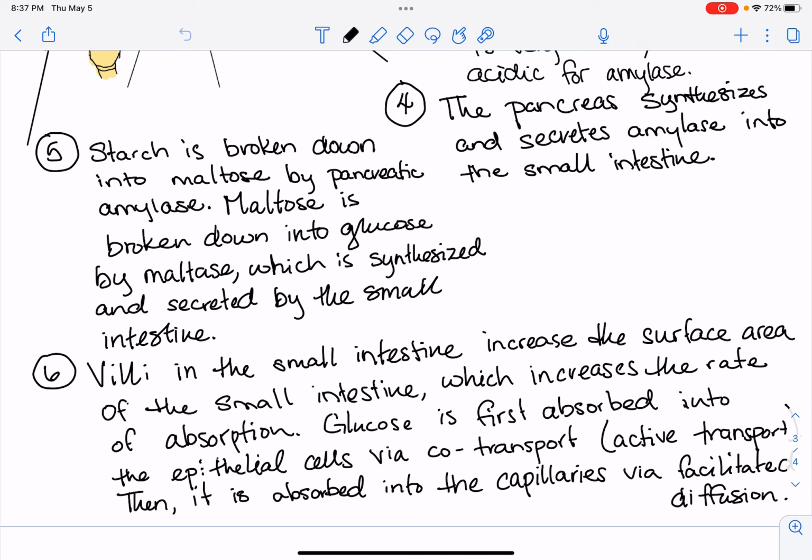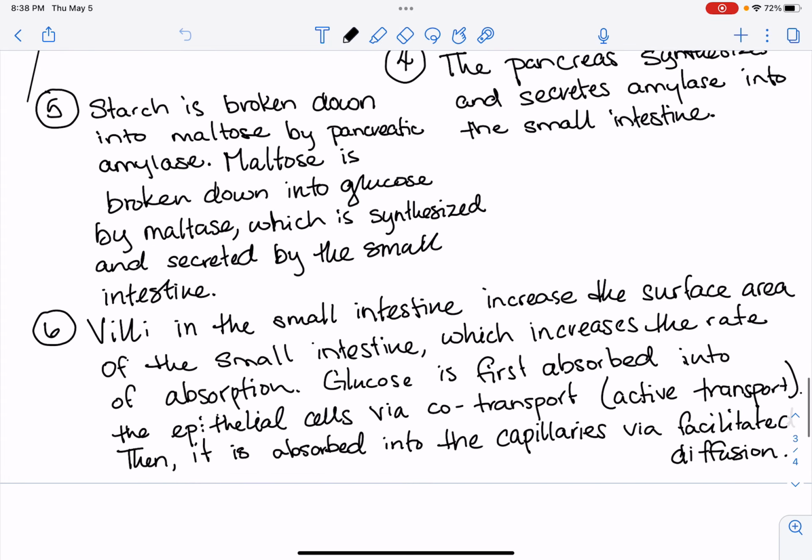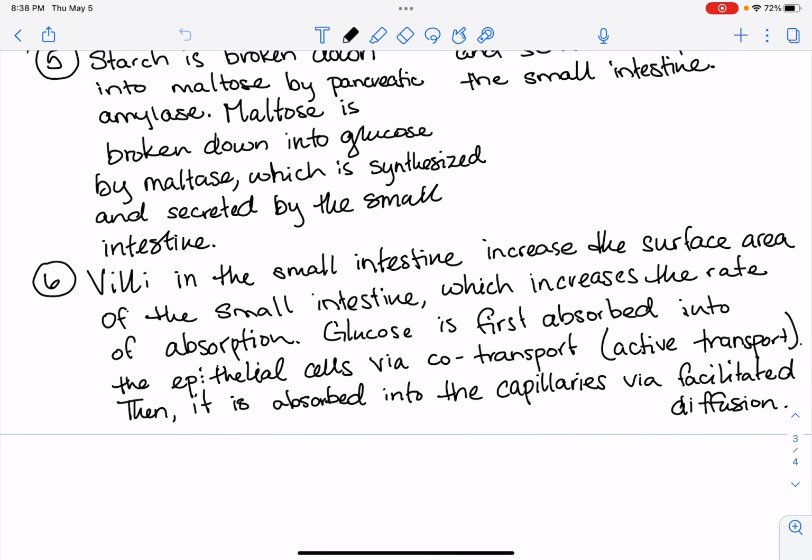And so the glucose that's been broken down by the maltase is going to be absorbed into the epithelial cells via co-transport, which is a form of active transport, so it needs energy. And then it will get absorbed into the capillaries, into the bloodstream via facilitated diffusion.